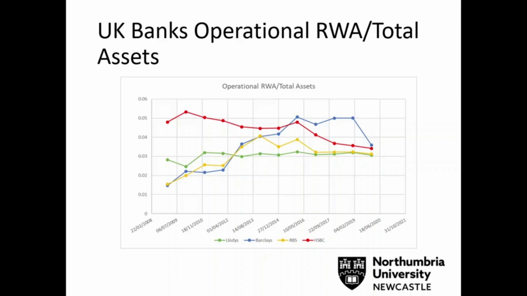Because prior to 2017, where you can see it's quite volatile, this is where everybody could use the advanced techniques to calculate the capital charge for operational risk, which is covered in the next lecture.